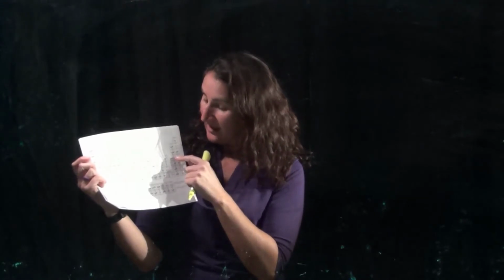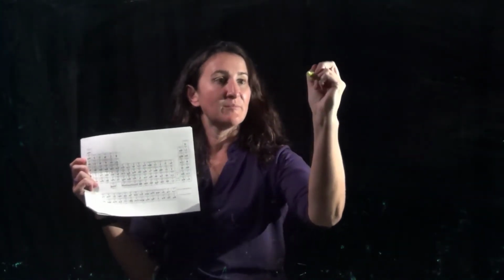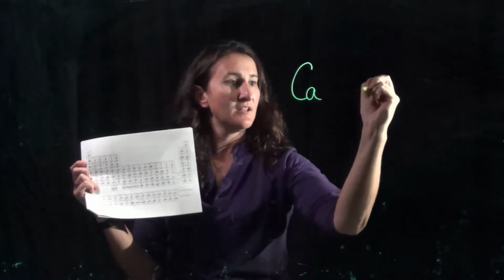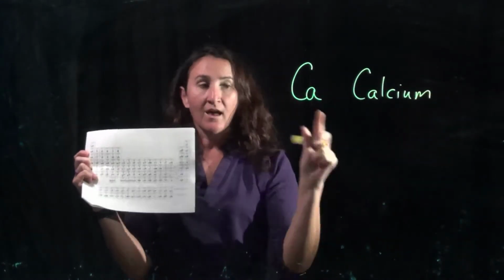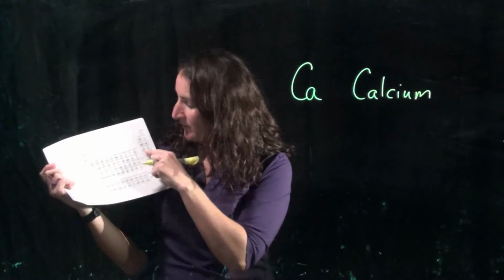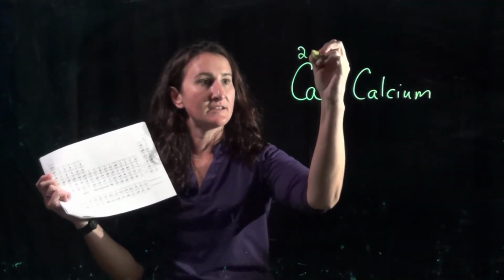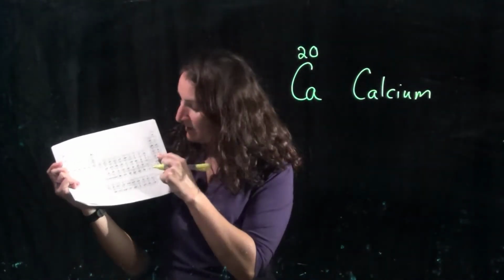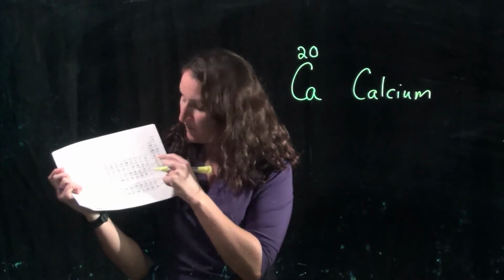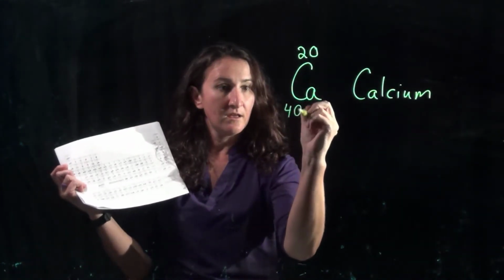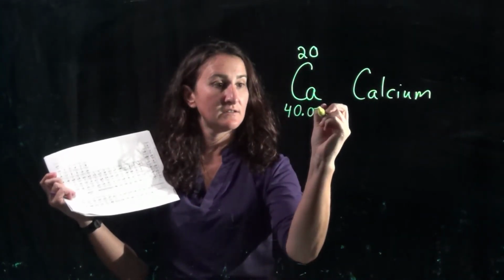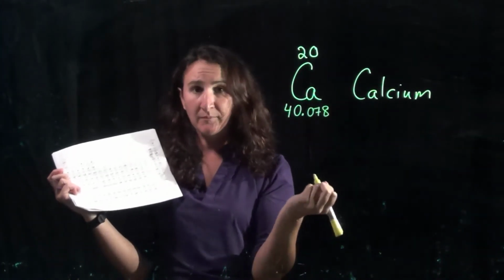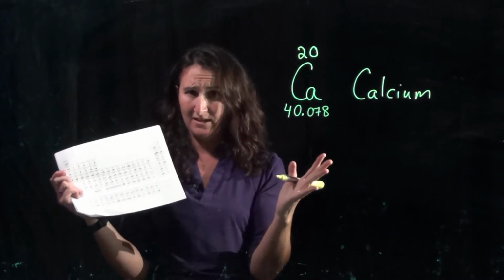Then let's look at calcium. Calcium is a fun example. So Ca is our symbol for calcium. Above the calcium, we will see a little number. That is 20. And below calcium, we will see a number of 40.078. And that is grams per mole, which we'll find out more about what that means later.